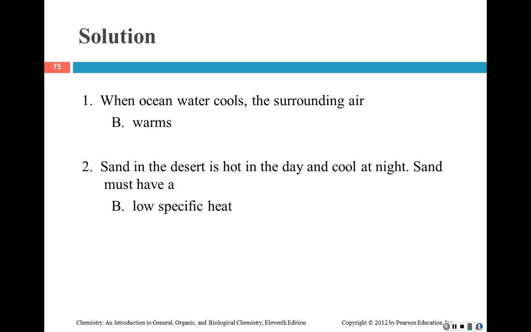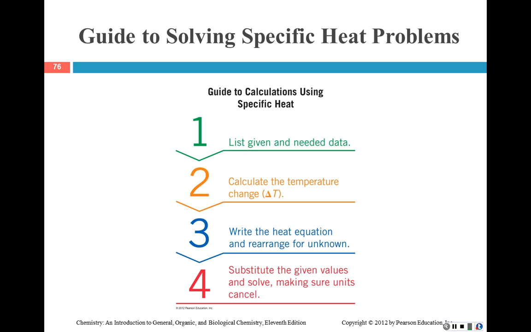Sand in the desert is hot in the day, but then it cools off at night. So it's not hanging on to that heat. Therefore, it must have a low specific heat, that ability to hang on to the heat.